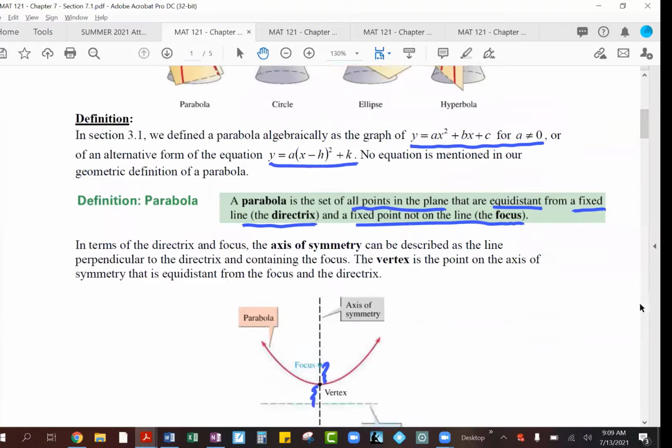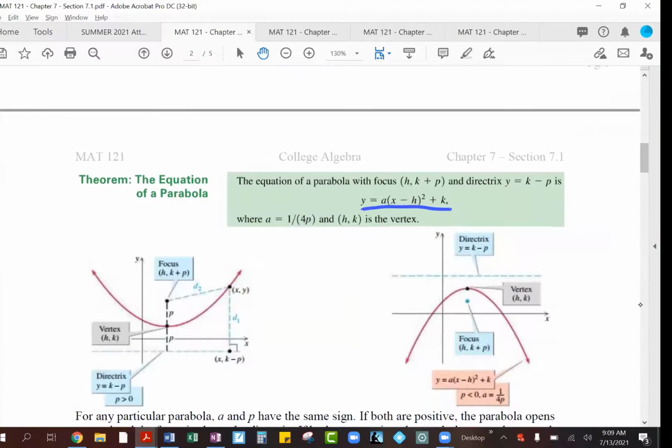So that part does not change, but they are introducing some new formulas here. The line for the directrix can be defined as y equals k minus p. The ordered pair for the focus is (h, k plus p). And remember, we use (h, k) for the vertex, and those h and k values come from the equation of the parabola itself.